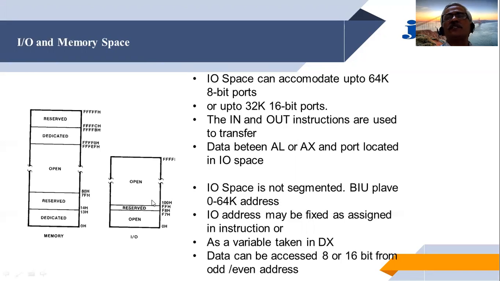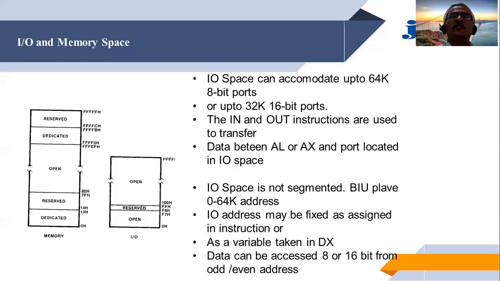Or there is a provision that we can do it the indirect way, in which case the DX register is always used to contain the port addresses. So the activity then will be that we first load the DX register with the address of the port and then refer to in and out in the indirect way with the DX.